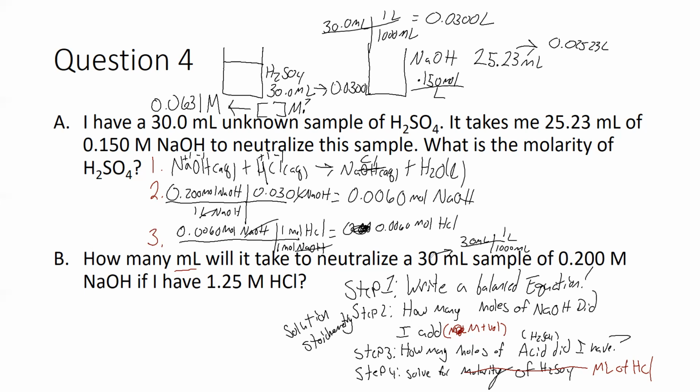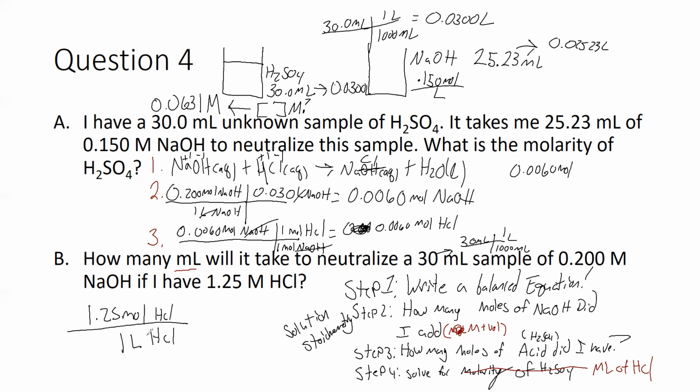Now, step 4. How many mils will it take to neutralize this base? So how many mils of acid do I need? So the question is, if I have 1.25 moles of HCl for every 1 liter of HCl, how many liters contain 0.0060 moles? It's just a unit conversion.